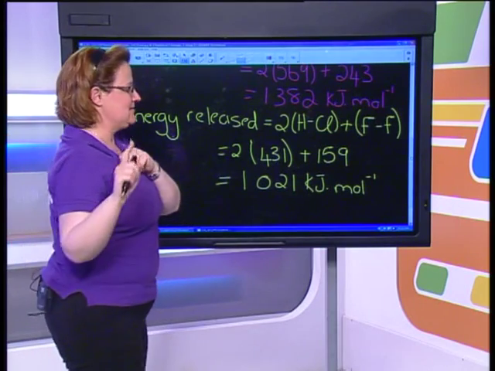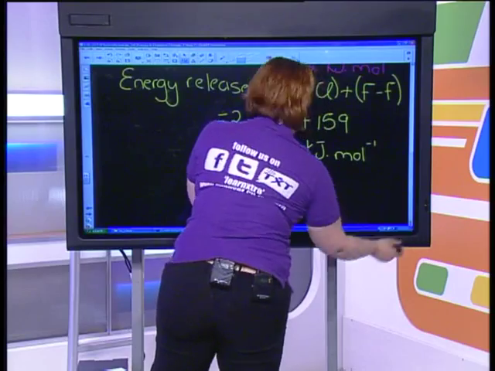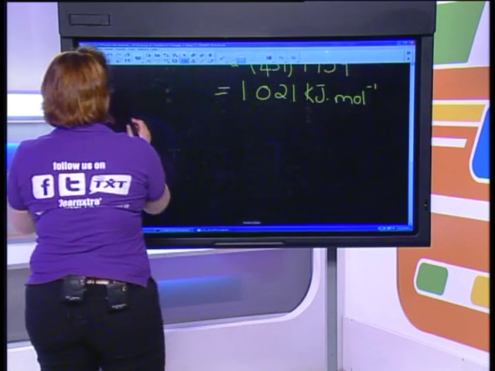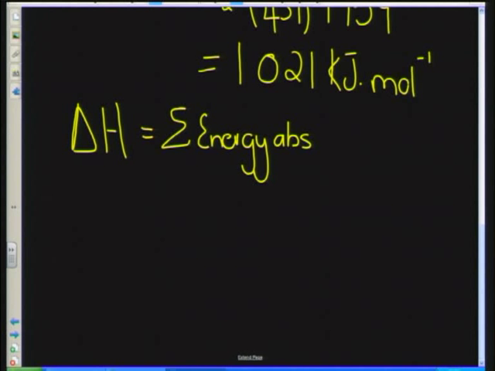That makes this endothermic. But now we need to prove it, because they wanted us to actually prove it. So my change in energy, which is what they asked for, is going to be my total energy absorbed, absorbed with a B, minus my total energy released.